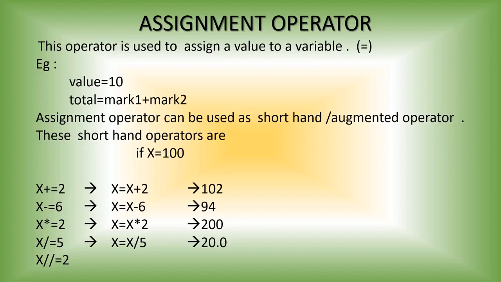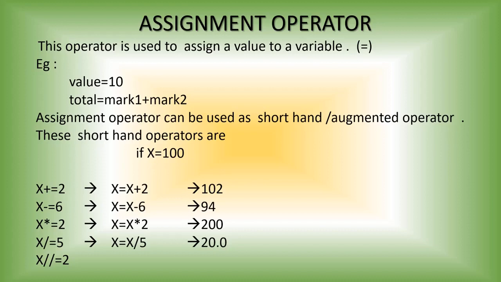Now, this assignment operator can be used in a shorthand form, or in the augmented form. I have written a few shorthand forms over there. If x is equal to 100, I am assigning the variable x the value 100.